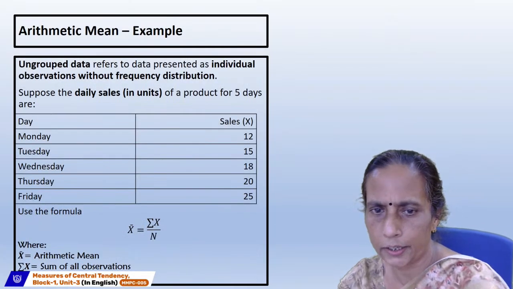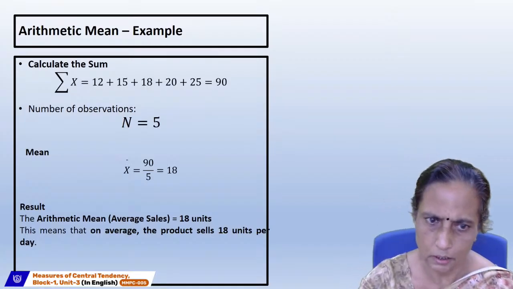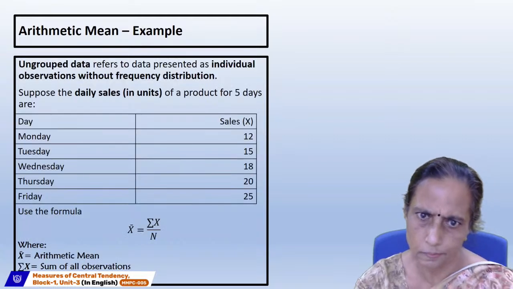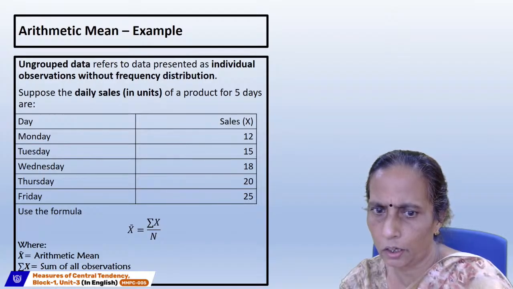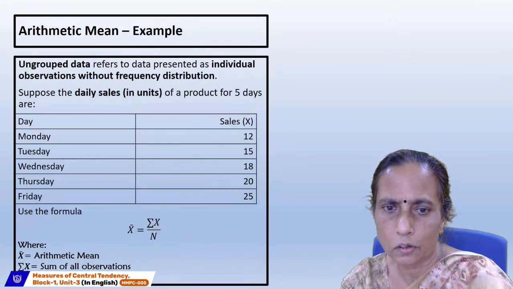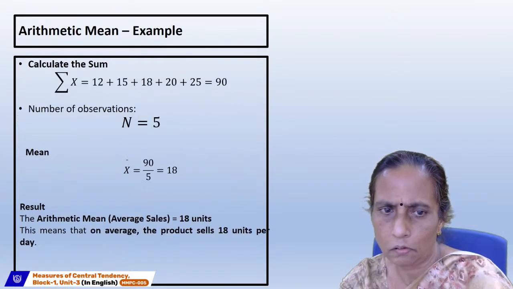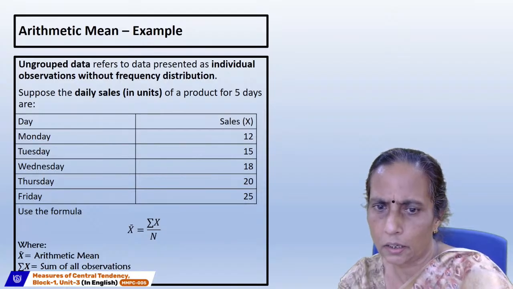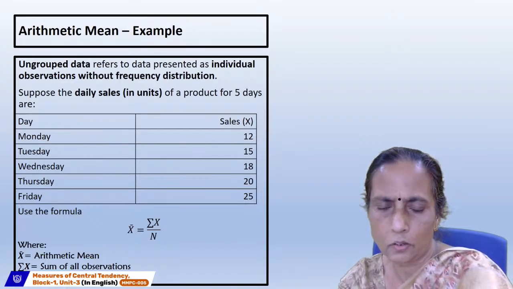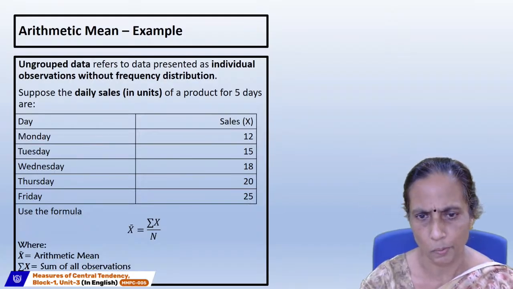Suppose over here x is 12 minus x bar is 18, that is minus 6. Similarly, it is minus 3, 0. Minus 6, minus 3, 0, and then it will be 2 and it will be 7. 7 plus 2 is 9, and minus 6 minus 3 is minus 9. Minus 9 plus 9 is equal to 0.